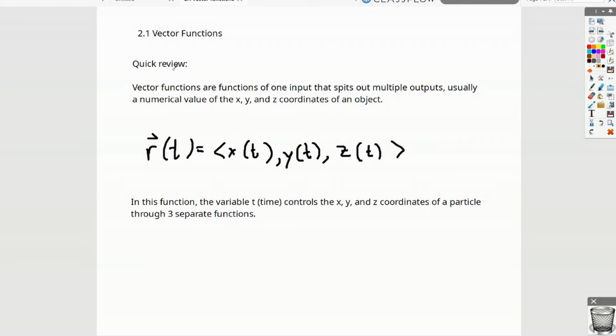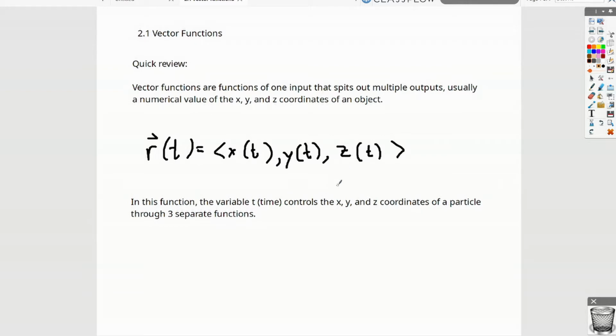You're going to have different types of functions that have multiple inputs that spit out one output, but that's next chapter. In this chapter, it's one input, and you get multiple outputs out of it. Usually a numerical value in x, y, z coordinates of an object. That's actually kind of wrong.